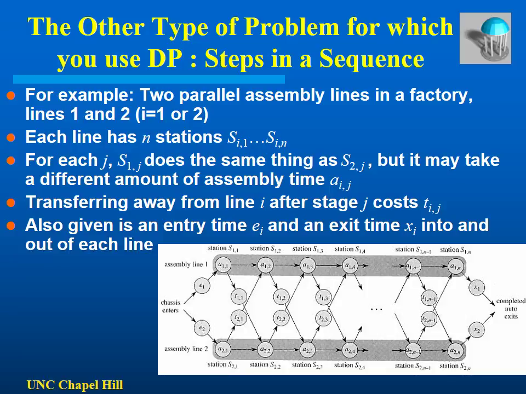We are given the A sub ij's. Moreover, at every station, in this example, we can either stay on that line or transfer away from it.